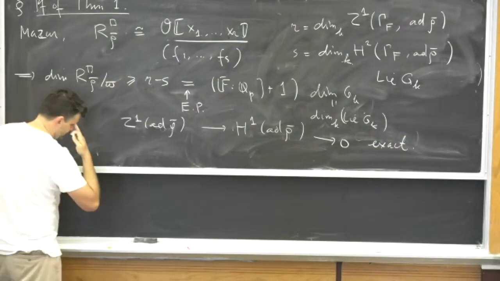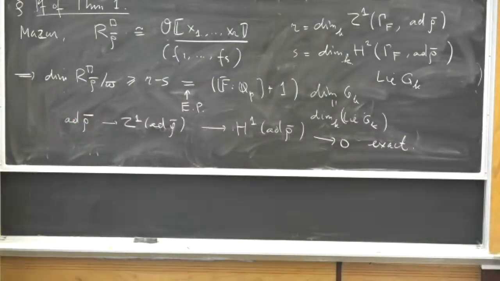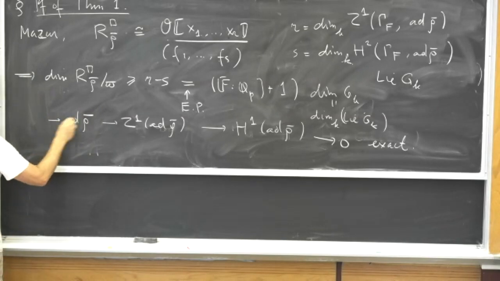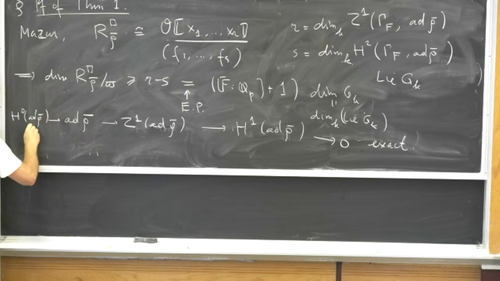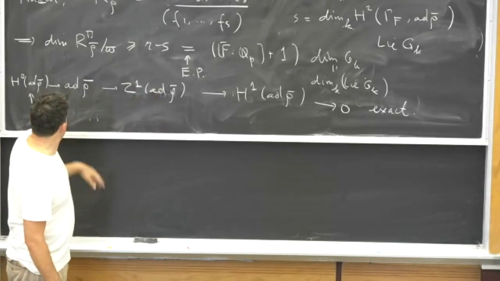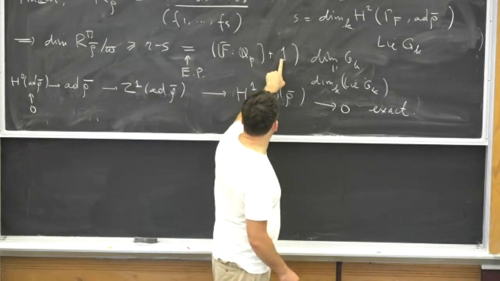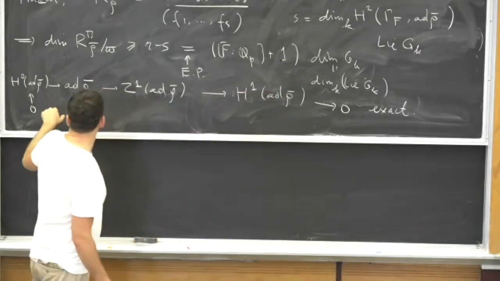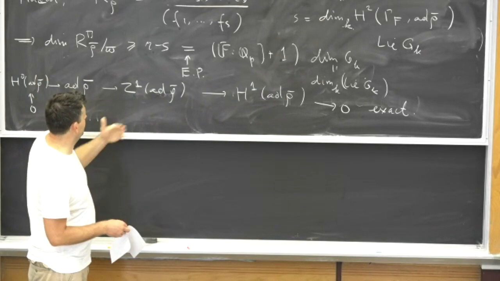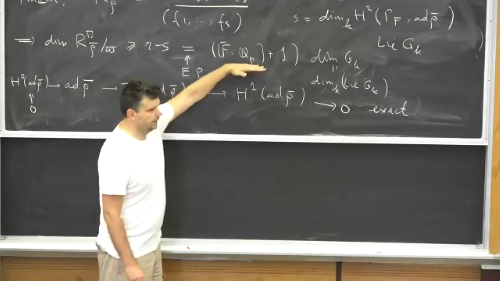The kernels are the coboundaries, it's surjective to rho bar, and the kernel of this is H0 rho bar. Then you can calculate the dimension of this in terms of these two and these. This ends up as a 1 here, and the other, you get an alternating sum, the Euler-Poincaré characteristic formula, and this thing just comes out.